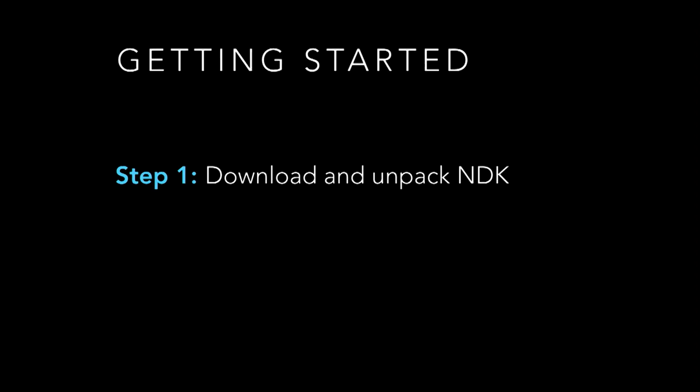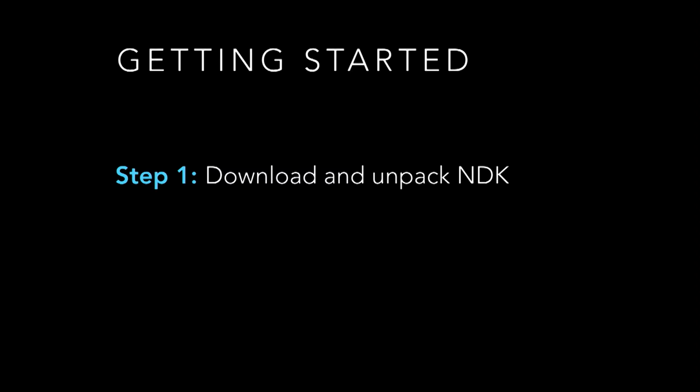So let's look at how you can get started with building the executable. The first step is to download the NDK, and then you have to download the FFmpeg source code from their repository.